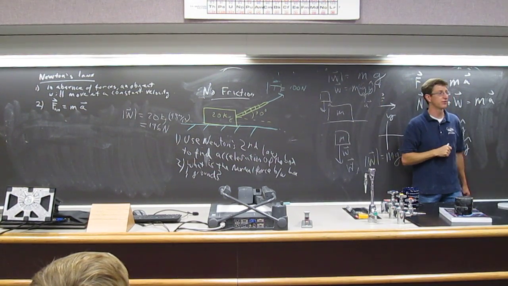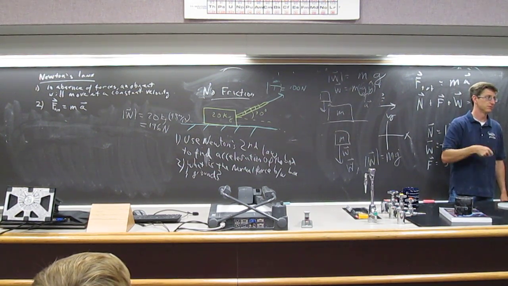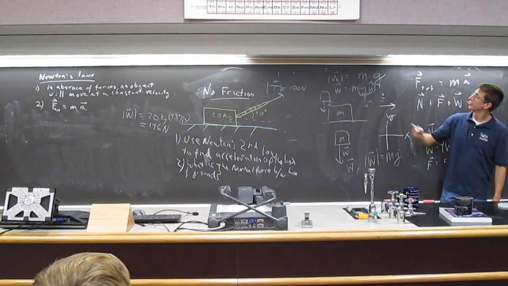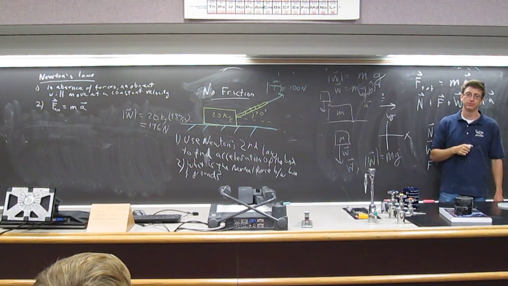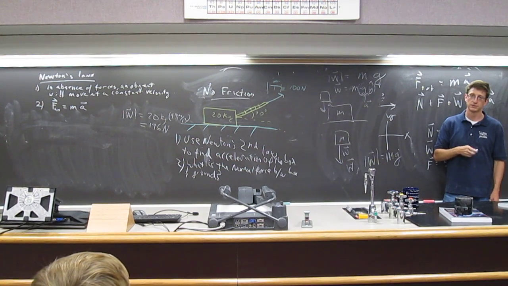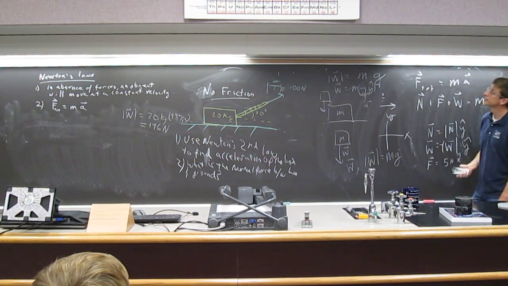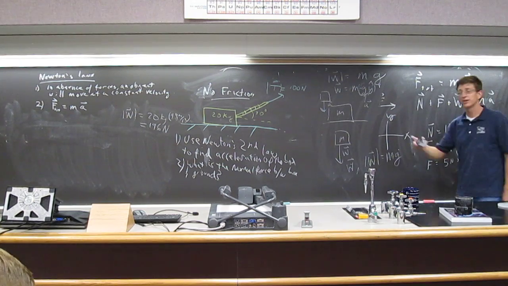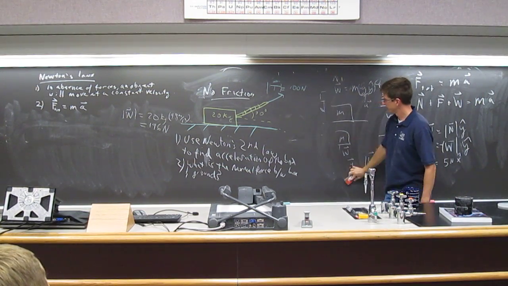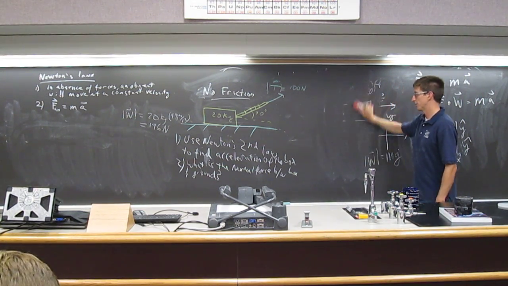If all I have is gravitational acceleration, this would be the magnitude of the weight force. Okay, let's see if we can get this one. I think we can get part A pretty quickly.